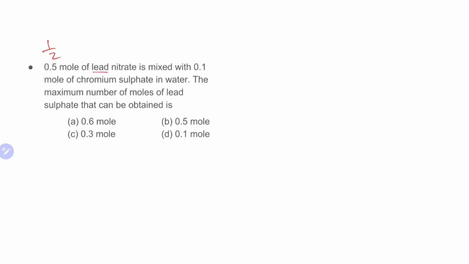We have lead nitrate, lead is Pb2+, nitrate is NO3−, so the formula of lead nitrate is Pb(NO3)2, because the charge of NO3 is only −1 but the charge of Pb is +2.